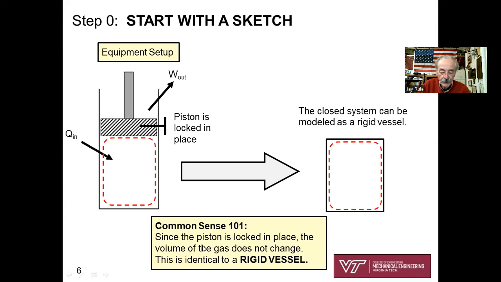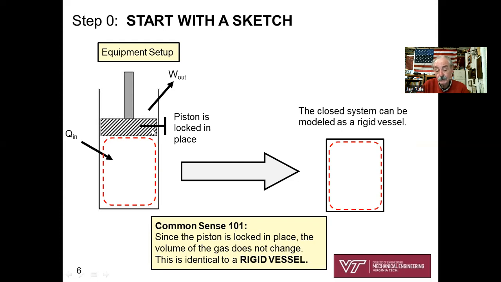So for this problem, you need to apply a little common sense. The piston's locked in place, so the volume of the gas doesn't change. And so in your mind, what I want you to visualize is that for this situation where the piston is locked, that's equivalent to basically a rigid vessel, a plain old rigid vessel. There are times where you will have homework problems where the words say rigid vessel.